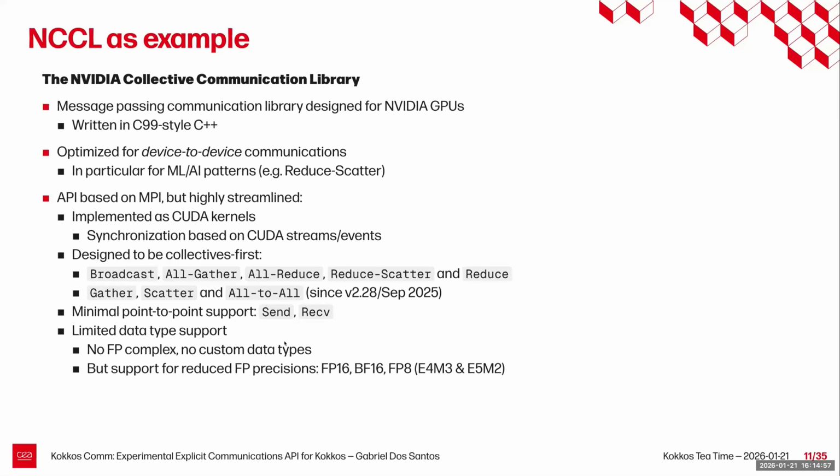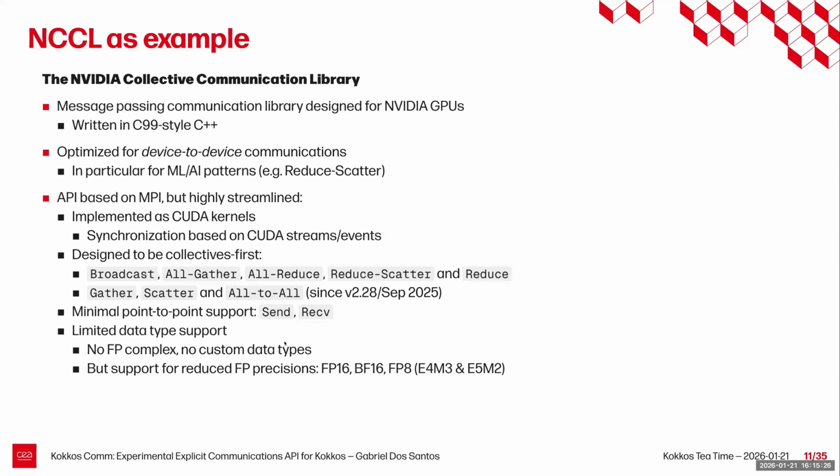So by default, NCCL provides broadcast, all-gather, all-reduce, reduce-scatter, which is reduce_scatter_block in MPI, and reduce. And since September of last year, gather, scatter, and all-to-all collectives were added. It has very minimal point-to-point support, only send and receive, so it's very simplified on that front.